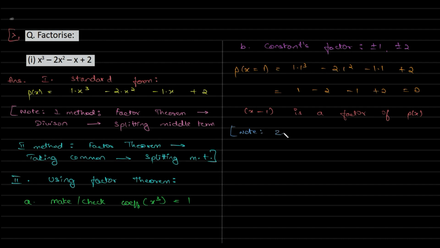All you have to do is equate x minus 1 to 0 and x is equal to 1. This value I've substituted over here and I got a remainder 0. So what does the factor theorem tell? This particular expression is a factor of p of x. That's what we did.